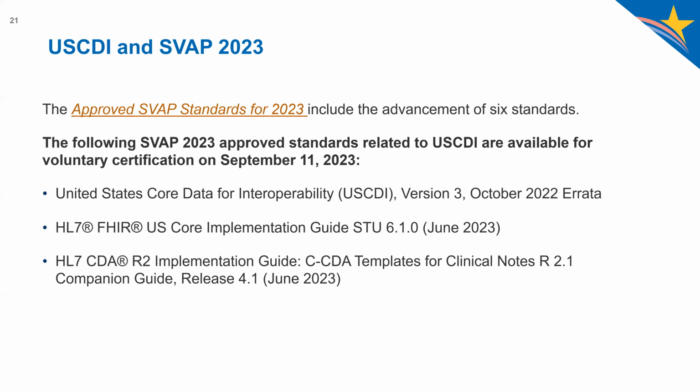That would be USCDI version 3, HL7 FHIR US Core Implementation Guide 6.1.0, and HL7 CDA R2 Implementation Guide, the C-CDA Templates for Clinical Notes Companion Guide Release 4.1. And I will hand it over to Scott for the second half of our presentation. Thank you.